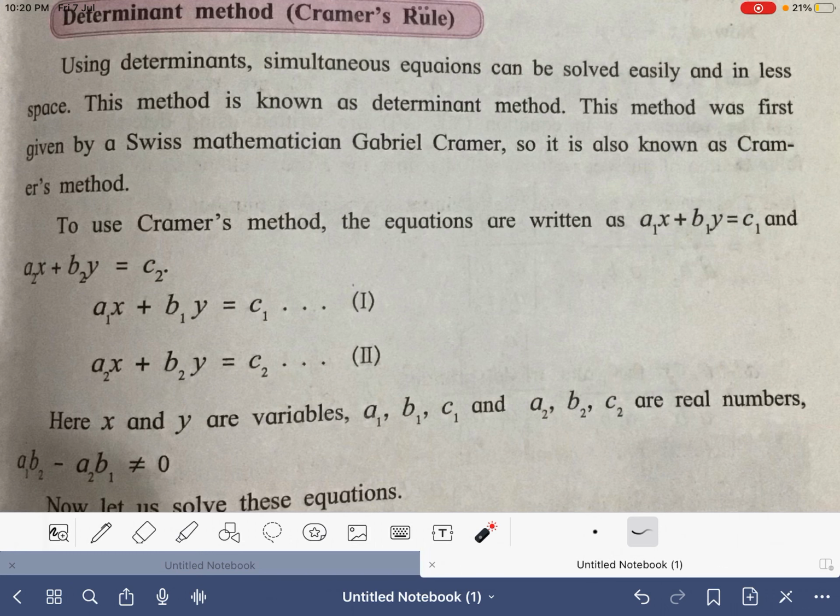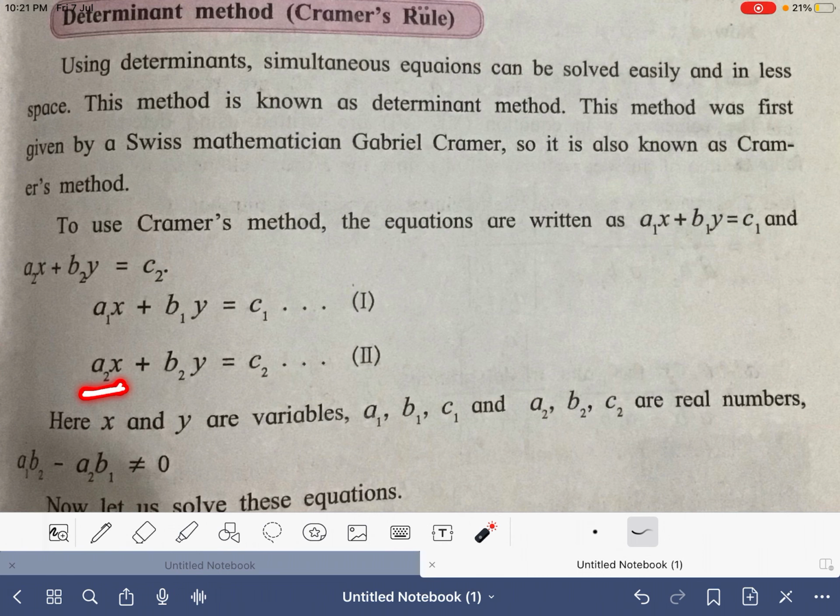So Cramer applied this formula to equations in two variables. Let's assume two equations: the first is a1x plus b1y is equal to c1, and the second is a2x plus b2y is equal to c2. Here a1 is the coefficient of x, b1 is the coefficient of y, and c1 is the constant in the first equation.